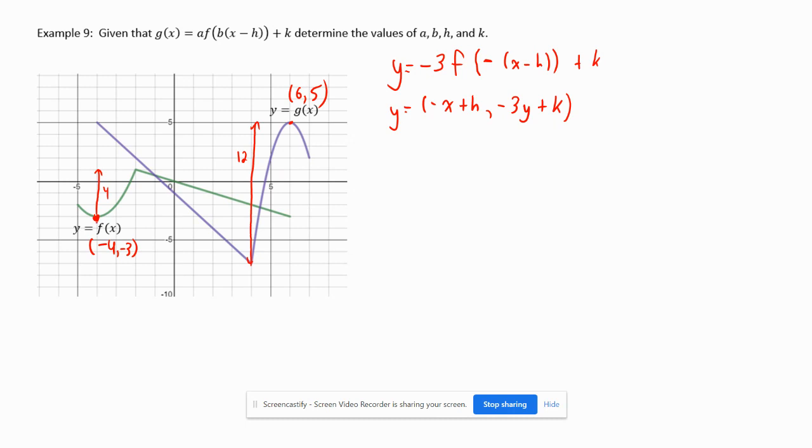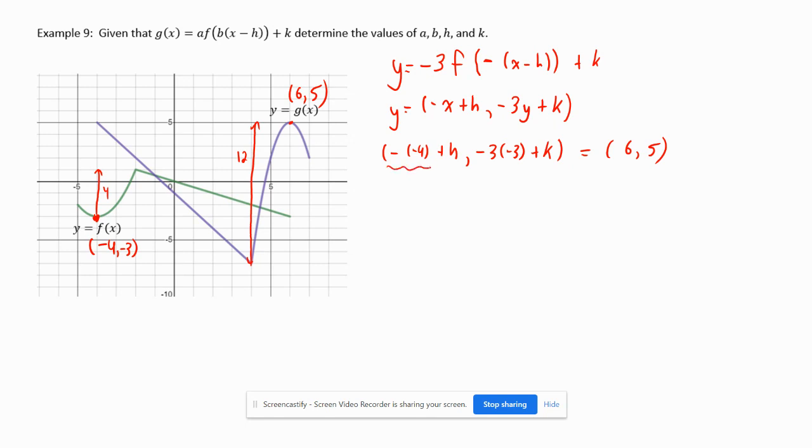So if I input this point, I should get this point following this mapping notation. I'm taking my point of -4, -3, and plugging it in here: -4 plus h, comma, -3 times -3 plus k. Well, this should equal the point 6, 5.